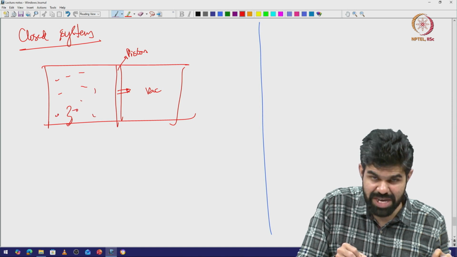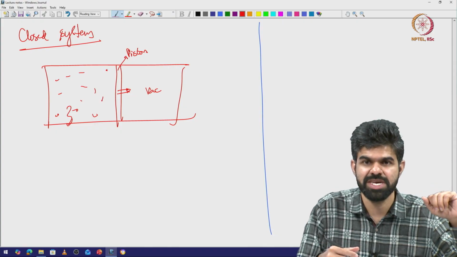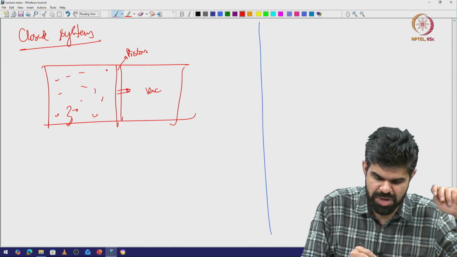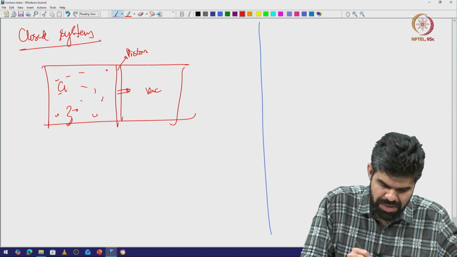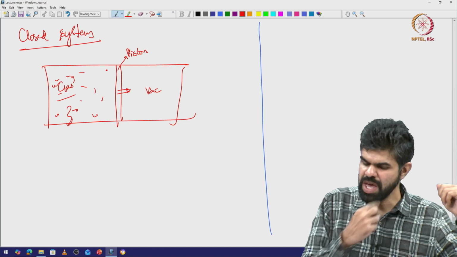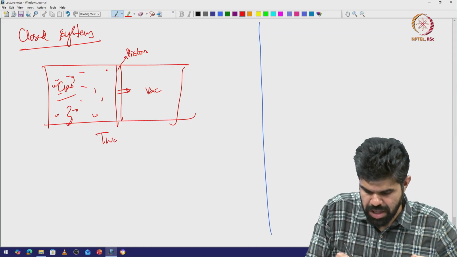These examples you may have seen in your high school chemistry, or if you are preparing for JEE, these are the sort of problems that you may have done, or in any basic mechanical thermodynamics courses. So, this is some gas. Now, for this system I am going to do two processes.